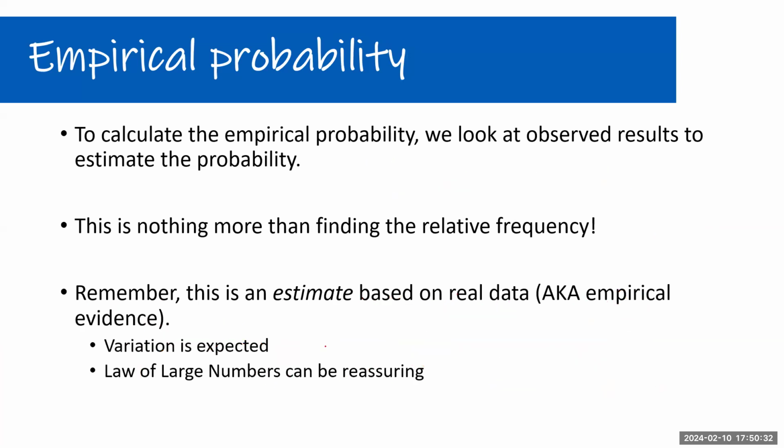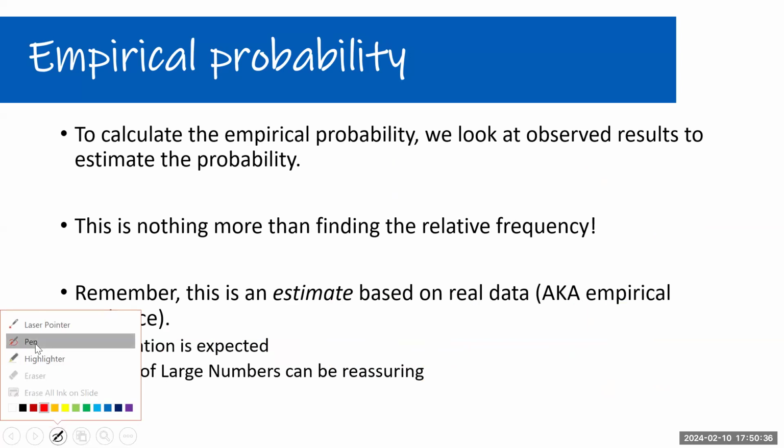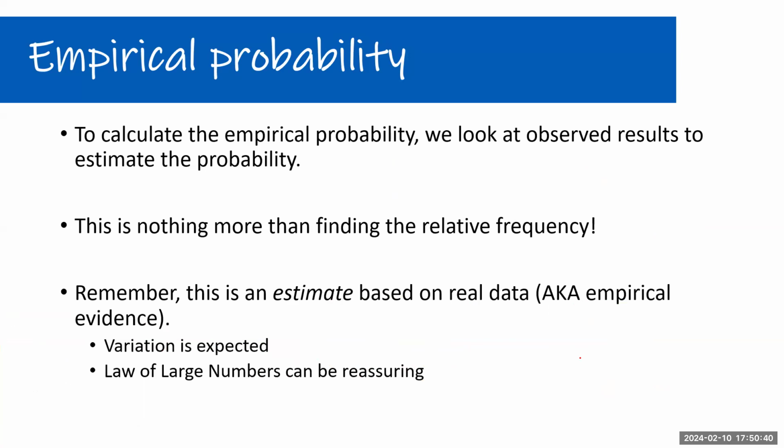Okay, so again, remember that this is just an estimate of what is actually going to be expected to happen in the long run. It is probably not going to be perfect. Like we just talked about, if we tossed a coin 100 times and we saw 47 tails, then our probability of tails based on the information we have is 0.47. That is not necessarily perfect, right?